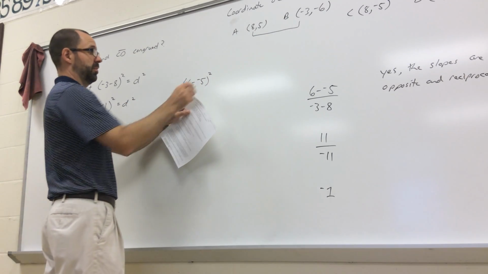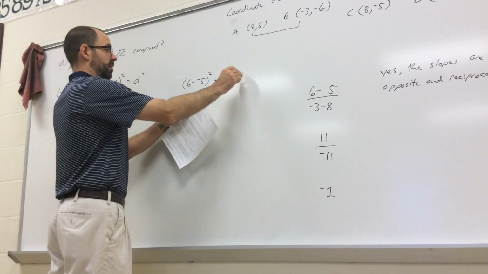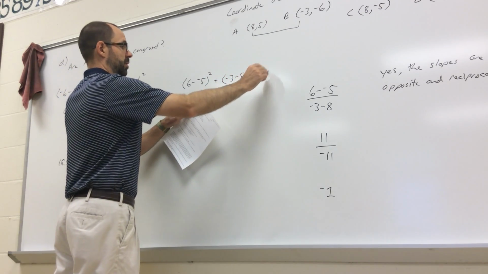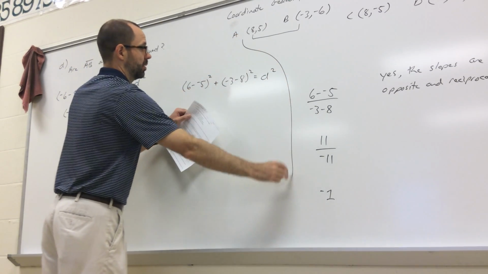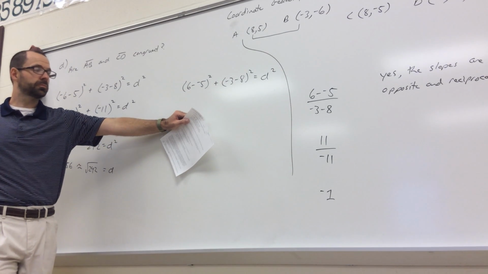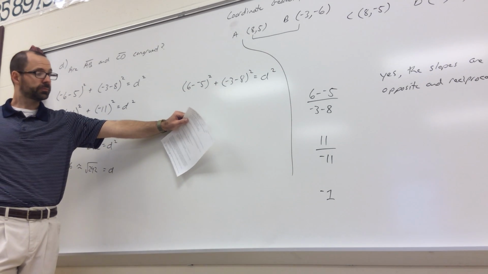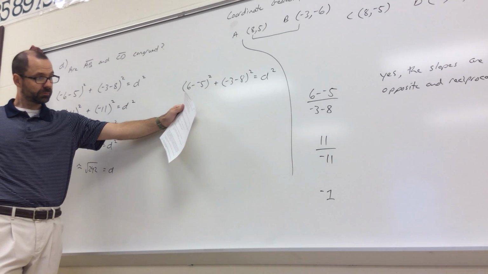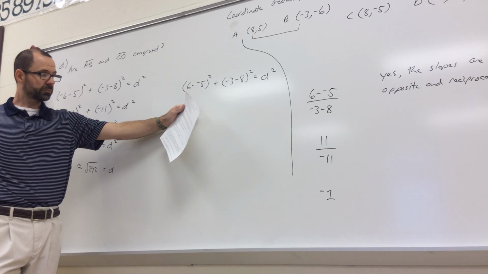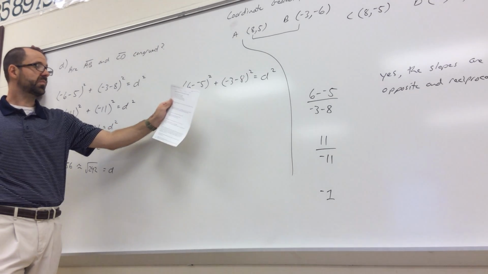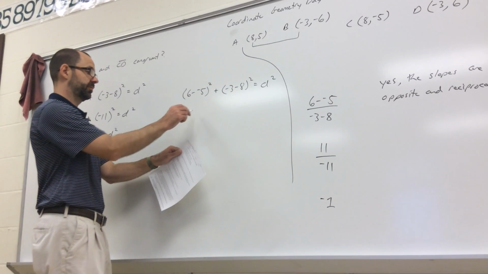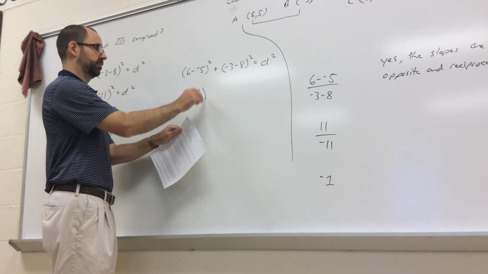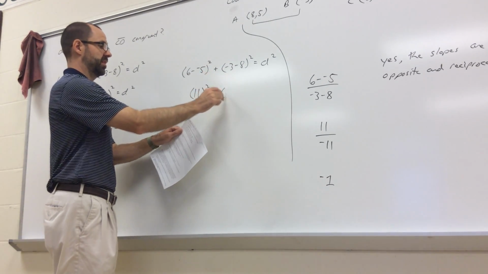And negative 3 minus 8. Six minus negative 5 is 11. Negative 3 minus 8 is negative 11.